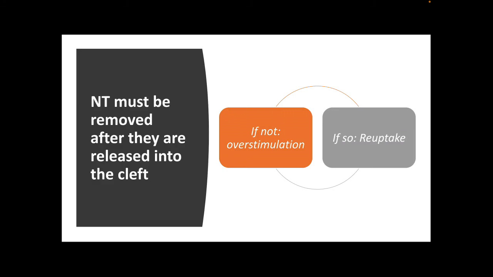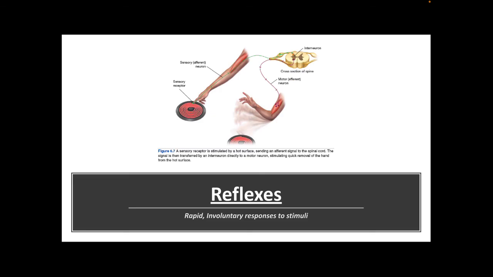Usually what happens is you have some kind of enzyme that correlates with the specific type of neurotransmitter that will take up the excess neurotransmitters. So like acetylcholine that's been released, they actually get deactivated by an enzyme called acetylcholine esterase, which is specific for acetylcholine so that it doesn't cause overstimulation.